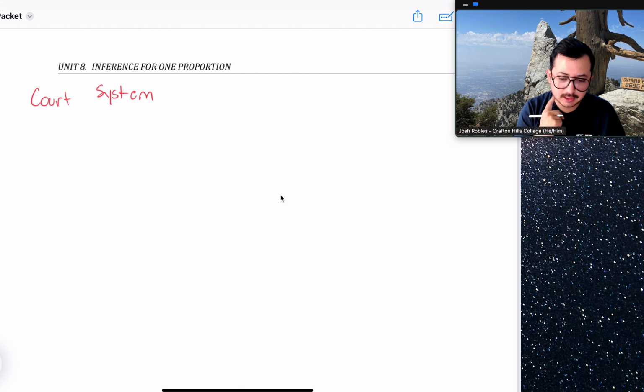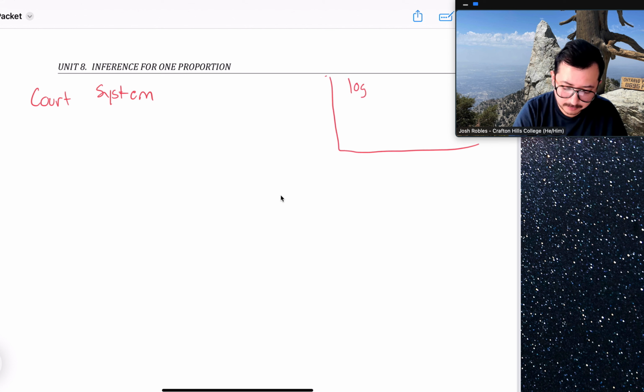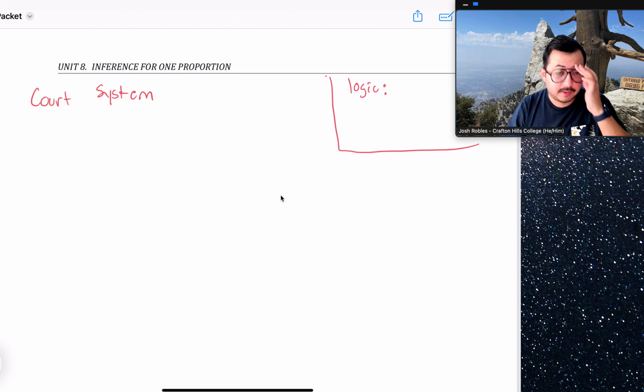The logic process in a hypothesis test involves, and I'm going to take a little bit of a section to talk about that too, the idea of what's called proof by contradiction. There's a few other ways to phrase that.